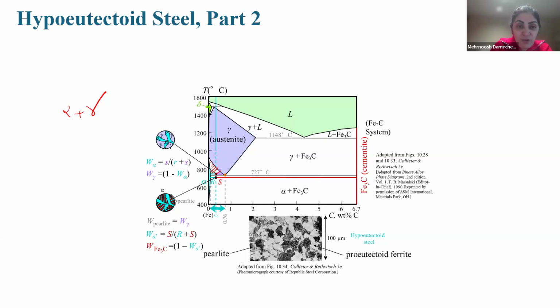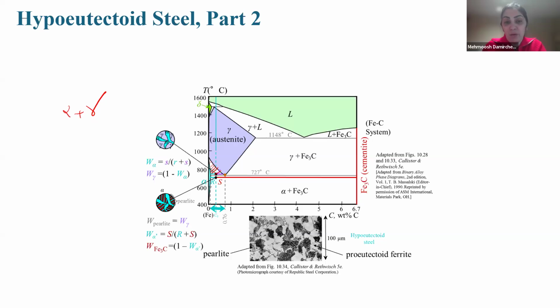Which side is far from alpha? It is S divided by total, R plus S. As we only have two phases, alpha plus gamma, and the summation should be 100, the weight fraction of the gamma should be 1 minus W.